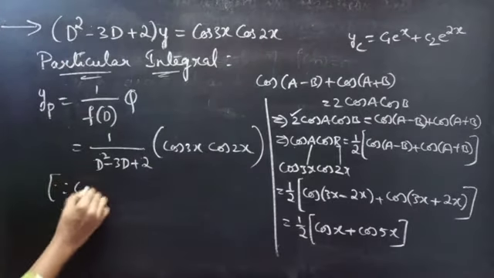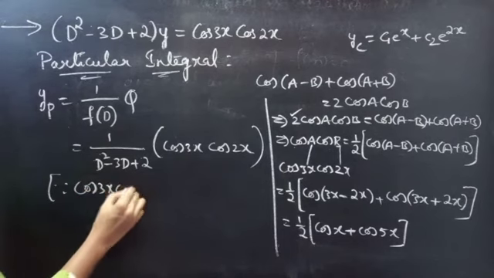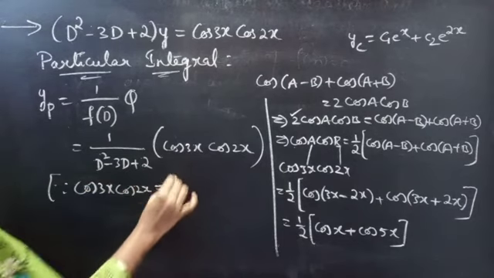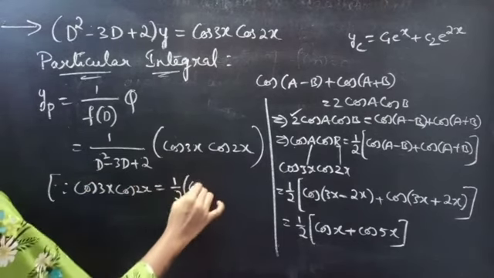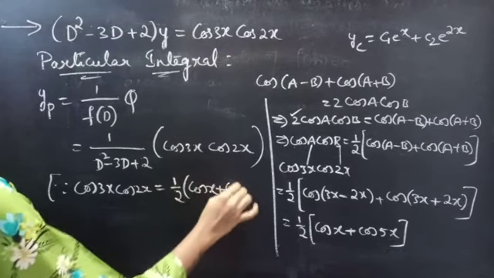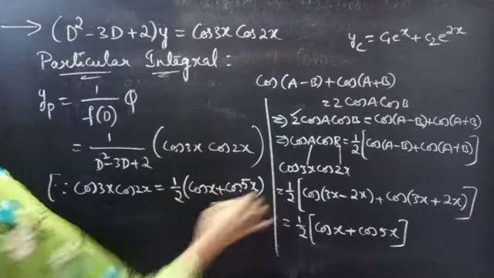Since cos 3x into cos 2x equals 1 by 2 into cos x plus cos 5x.